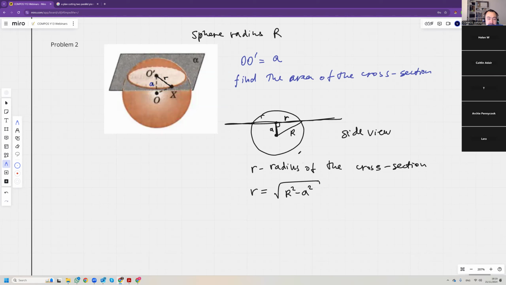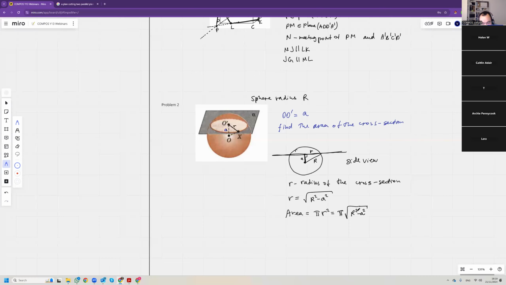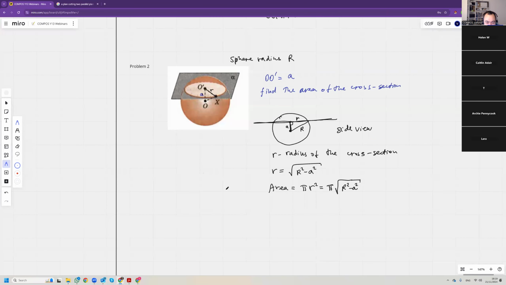And the area is going to be pi r squared, which is pi times R squared minus a squared. So yeah, that's the answer. So that's a simple one.